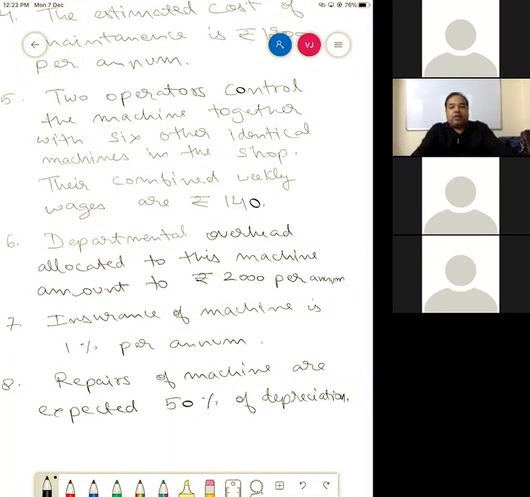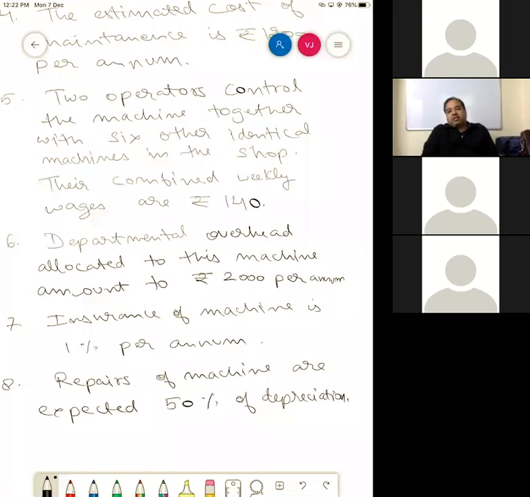Similarly, once you know the standing charge, you can compute it on hour basis, and once you know hourly basis, then we can take that amount into computation of our machine hour rate. Once we are over with our standing charges, next we need to compute machine expenses.